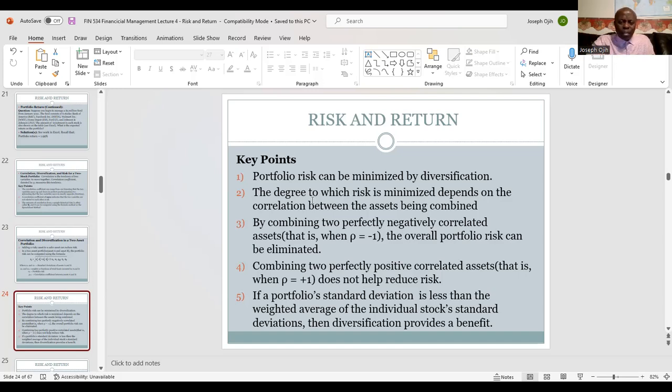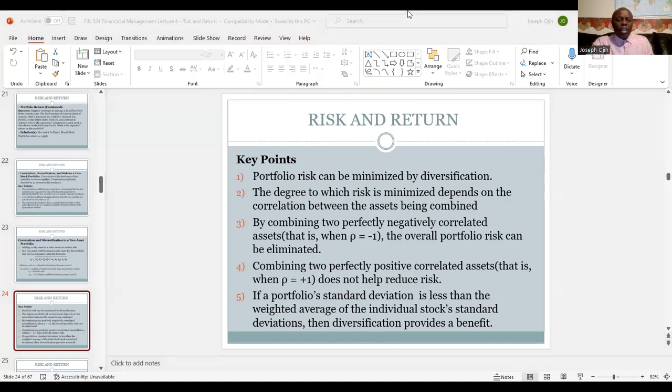I will show you a real life example of negatively correlated portfolio diversification, and diversification based on positively correlated assets. Let me show you this example.